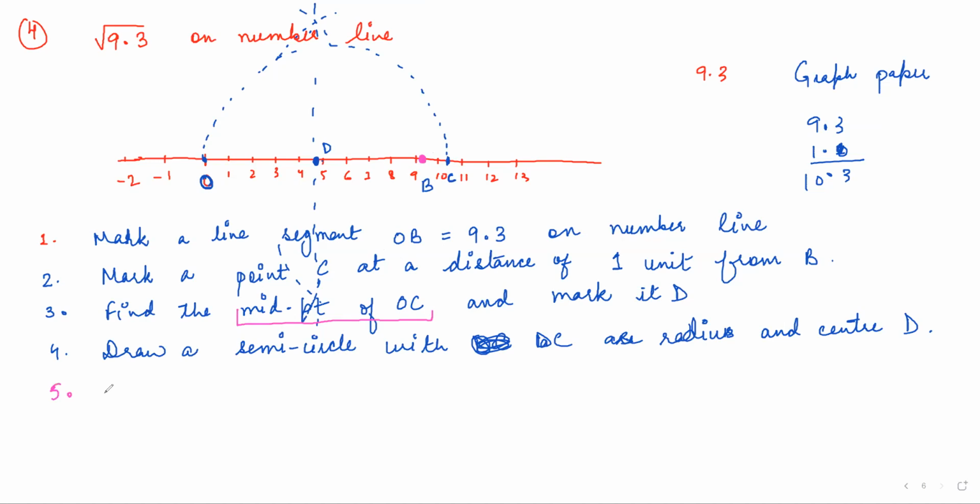So the fifth point is, draw a perpendicular at point B. Join this line with the semicircle.